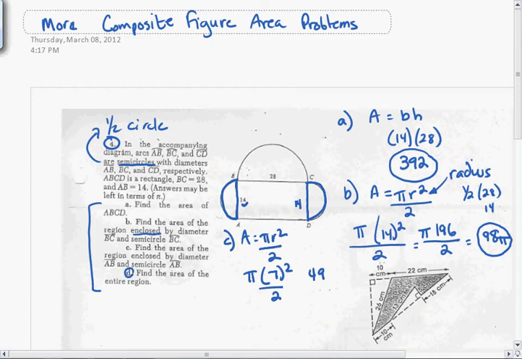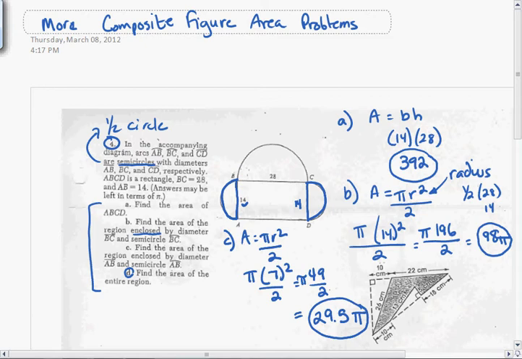So now it's 49 divided by 2, still times pi. And 49 divided by 2 will be, let's see, 24 and a half, 24.5 pi. So there's the answer to C.